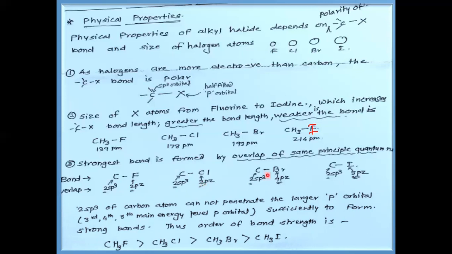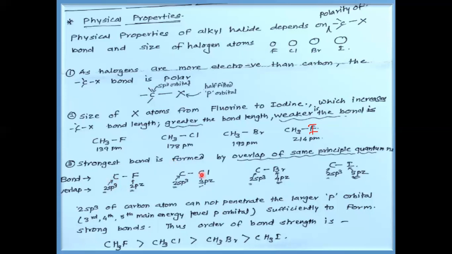Here in the carbon-bromine C-Br bond, the hybrid orbital belongs to the second level, and the electron comes from the pz orbital of the fourth shell, 4pz. And here it is overlapping between 2sp3 and 5pz in iodine. So the 2sp3 of the carbon atom cannot penetrate the larger p orbital. The 2sp3 carbon can penetrate here because the main energy levels are the same.